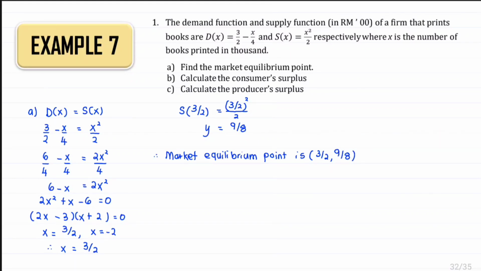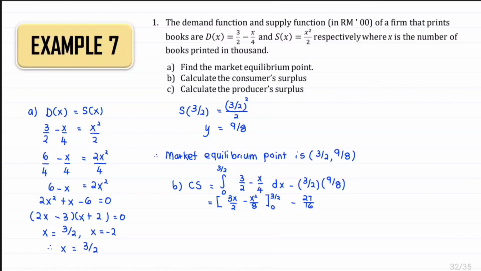Okay, next question, we want to calculate the consumer surplus. To find CS, the formula is integrate from 0 to x. Our x is 3 over 2. The demand function: integral of 3 over 2 minus x over 4 dx, minus point xy, x 3 over 2 and y 9 over 8. Then we integrate, we get 3x over 2 minus x squared over 8, minus 27 over 16.